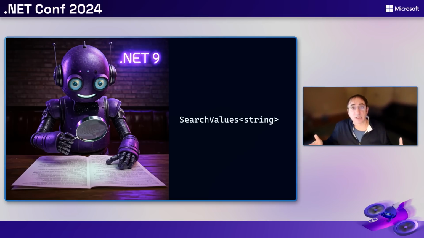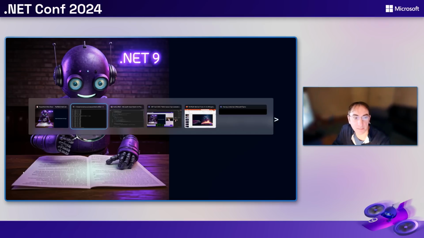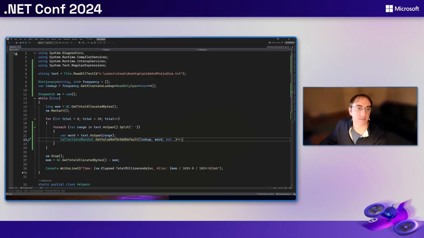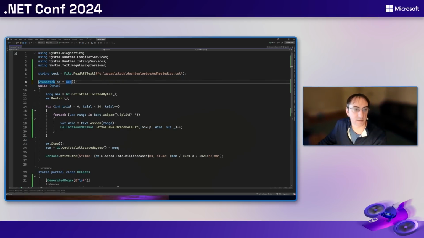So it's basically multi-substring search. So for example, if I wanted to search Pride and Prejudice for the days of the week, I could create a SearchValues of string for Monday, Tuesday, Wednesday, Thursday, Friday, Saturday, Sunday, and then I can say IndexOfAny to do a search. So let's actually look at that. So let's say we can get rid of my dictionary here. We're not going to be using that anymore.